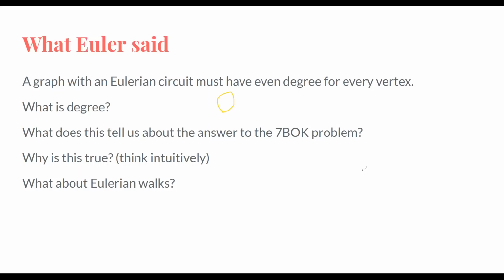So degree and number of vertices are both important concepts, but we are referring to the degrees in this theorem. All right, so what do we think about the limitations on the degrees for each vertex in a graph with an Eulerian walk? Do we think we can have points with odd degree if we have an Eulerian walk?